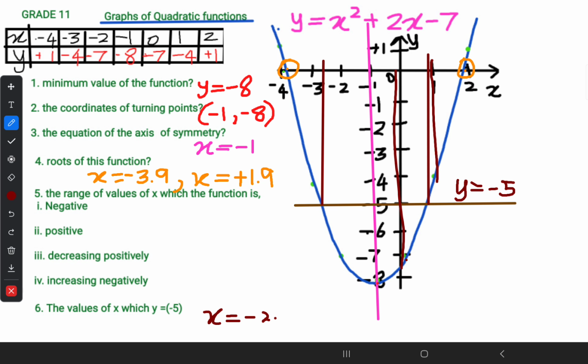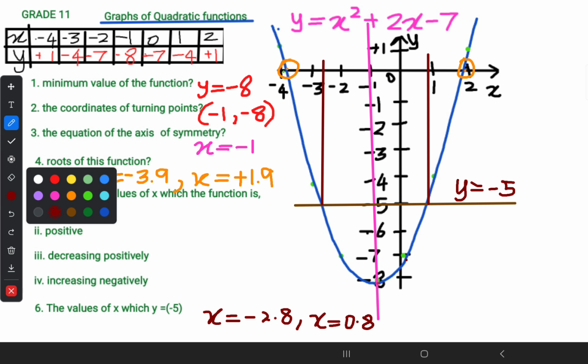When x is 1, y would be negative 4. Since our y is negative 5, that should be located between 0 and 1. So x is negative 2.8 and x is equal to 0.8 or 0.9. At those places only will we have y as negative 5 in our function.